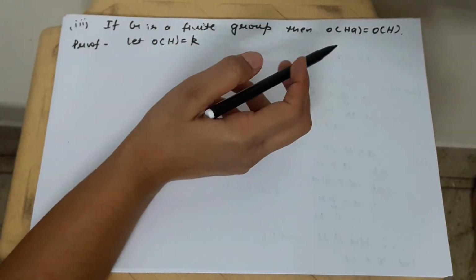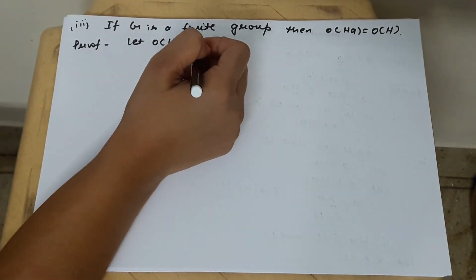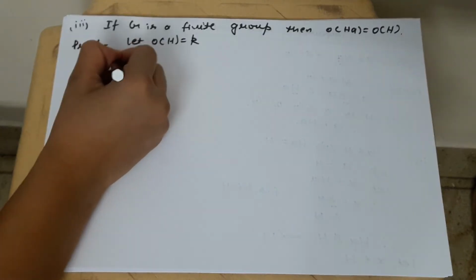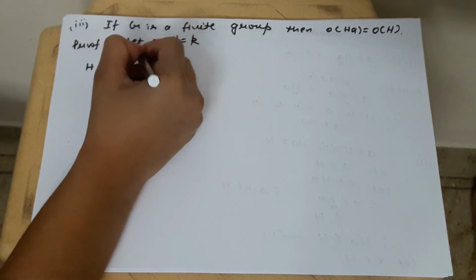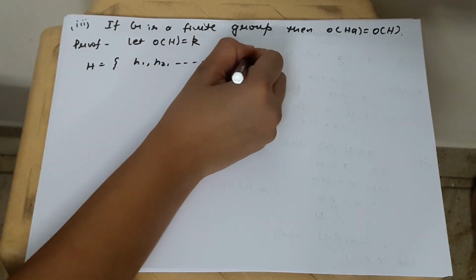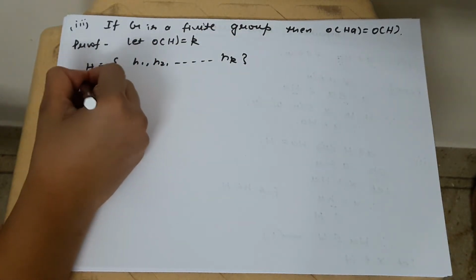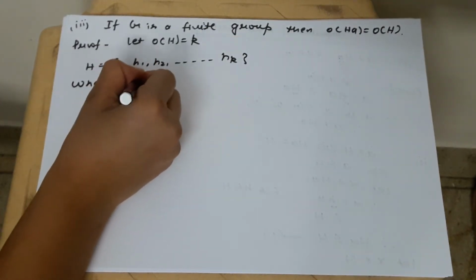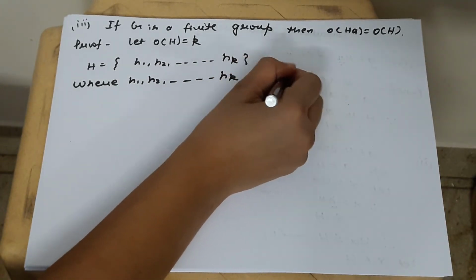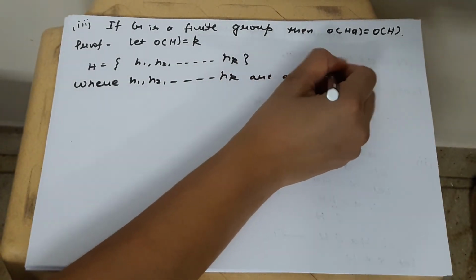Since G is a finite group, H being a subgroup of G will also be finite. Order of H equal to k means H will consist of k elements, h1, h2 and so on up to hk, where h1, h2 and so on, hk are all distinct.